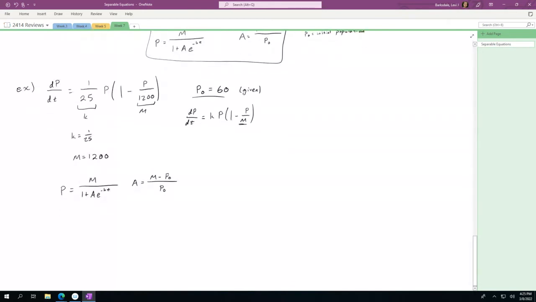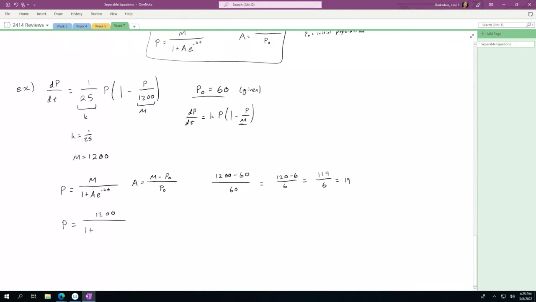Because I know that P is equal to M over 1 plus A e to the negative kt, I have that P is equal to 1200 divided by 1 plus, now A is going to be 1200, my maximum population, minus my initial population, 60, all over my initial population, 60, which is equal to, since everything is divisible by 10, 120 minus 6 over 6, or 114 over 6, which comes out to exactly 19.